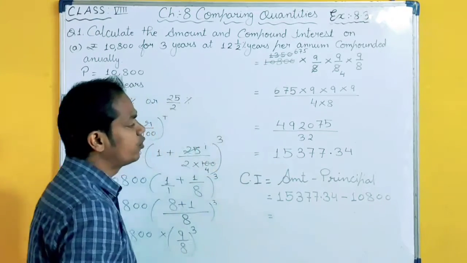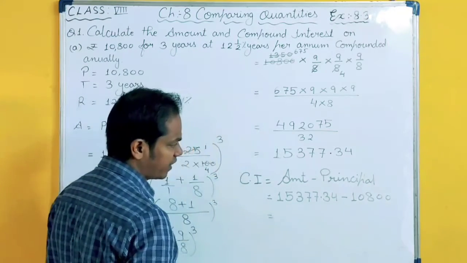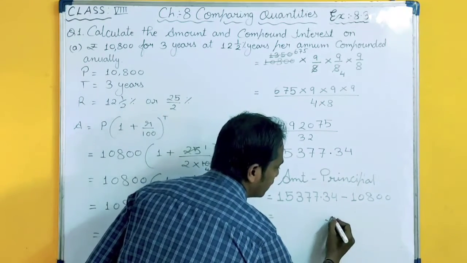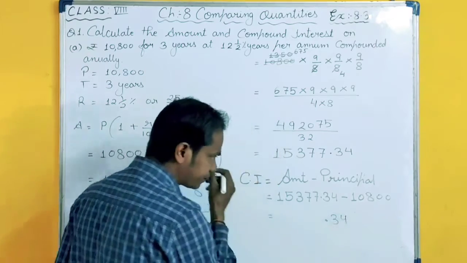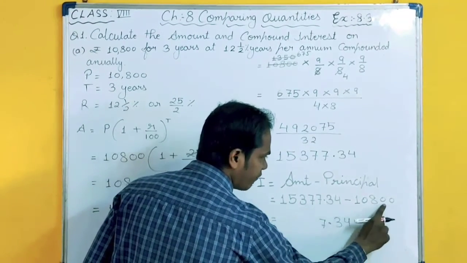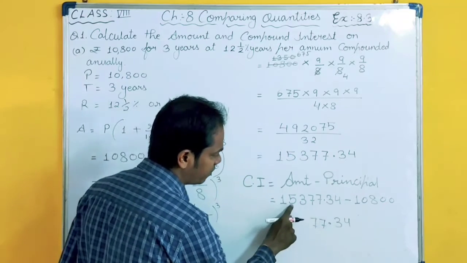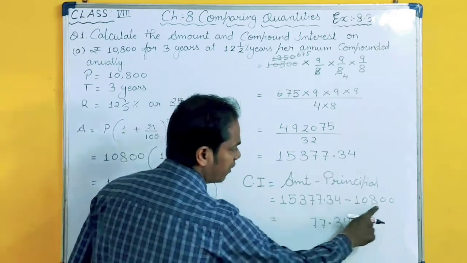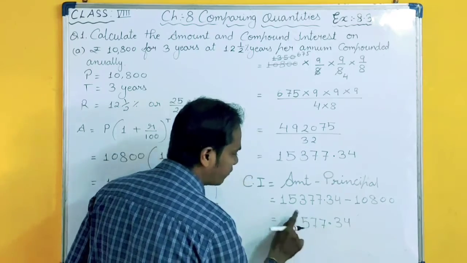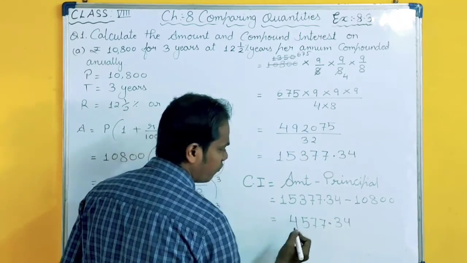When you subtract this, what will you get? This 3 4 will come as it is. 7 minus 0 is 7. Again 7 minus 0 is 7. 3 minus 8 you cannot subtract, so borrow 1. 13 minus 8 is 5. So this will become 4. 4 minus 0 is equal to 4.